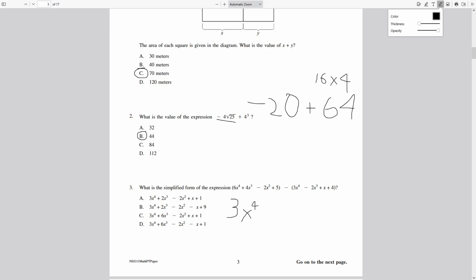The answer is positive 2x to the third. There is no x squared, so it is minus 2x squared. In fact, that's over here anyways in the multiple choice. And there's no x, so it's plus x.